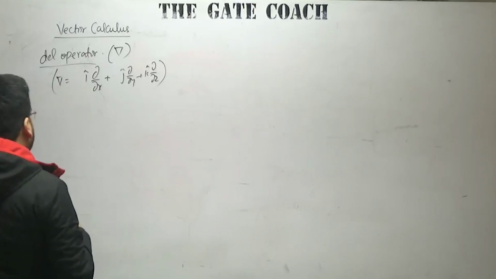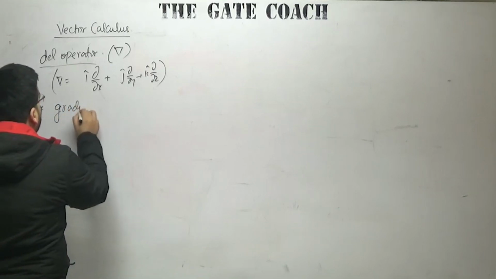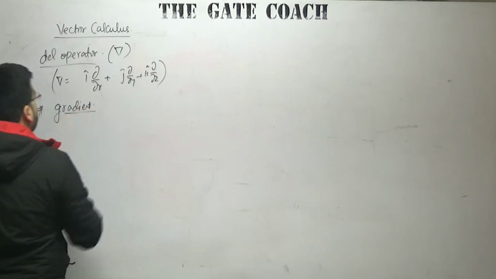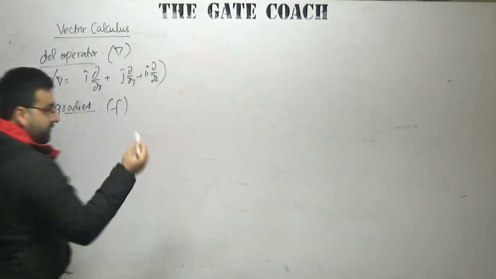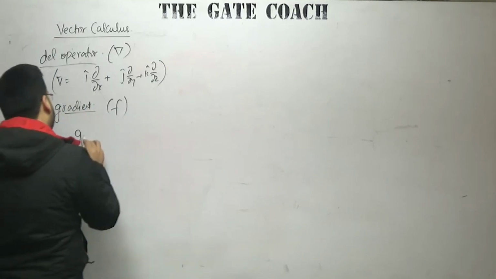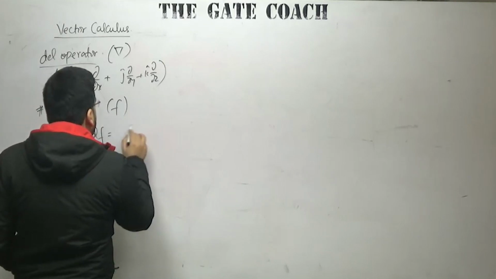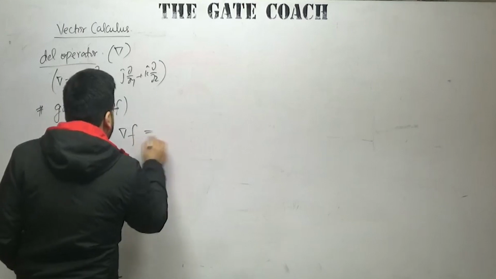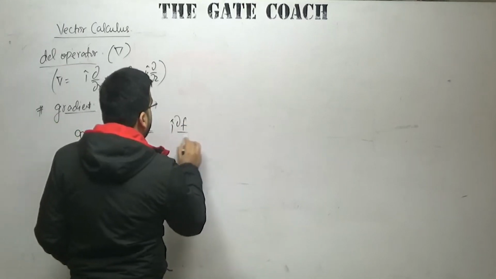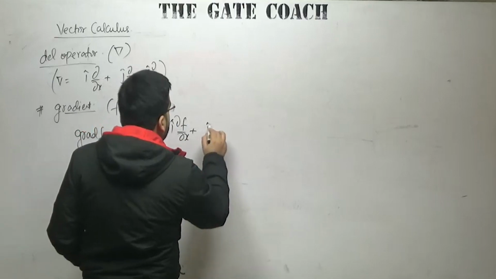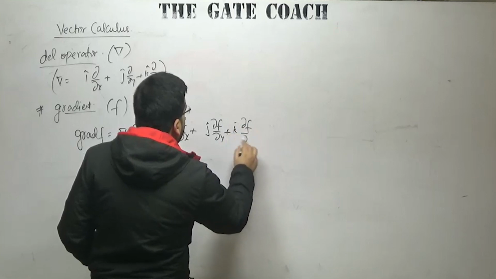After this, we discussed the gradient of f. Now what is the gradient of a function? Let us say f is a function which is given to you. Now grad f is given by del f, and it is equal to i cap dou f by dou x plus j cap dou f by dou y plus k cap dou f by dou z.